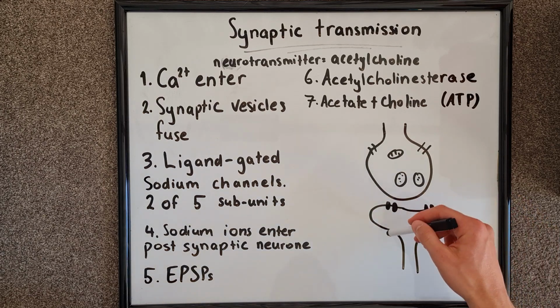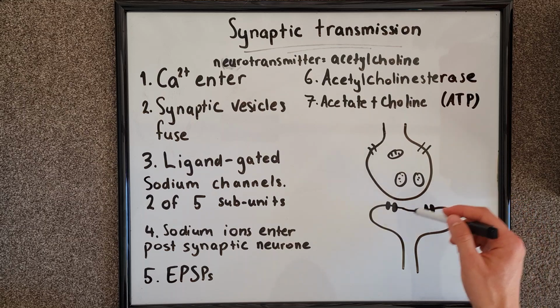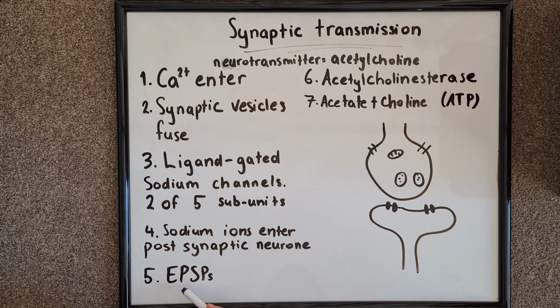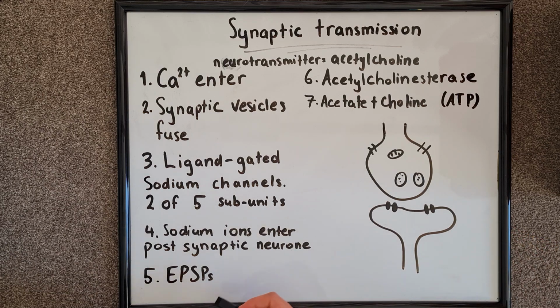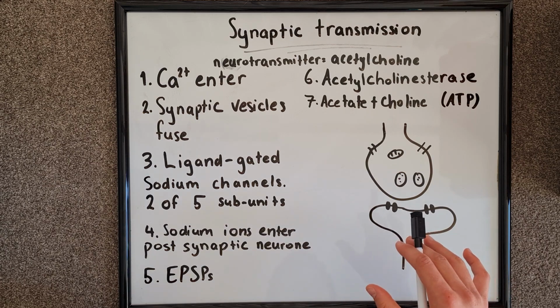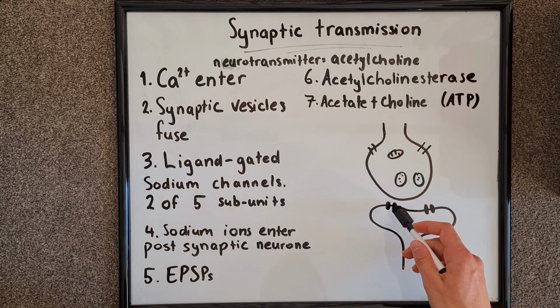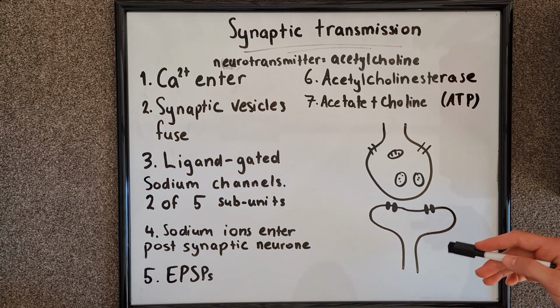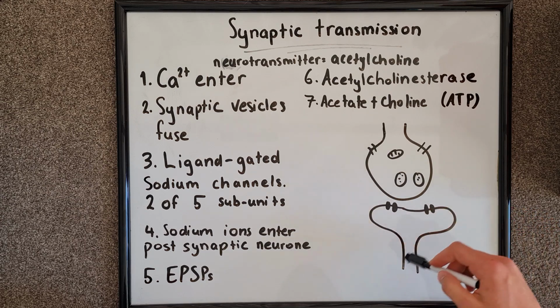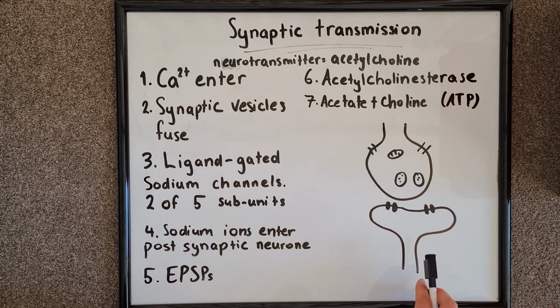So the more sodium ions that enter, the more excitatory postsynaptic potentials will be generated, and if enough are generated in quick succession and the threshold value is reached, an action potential will be stimulated in the postsynaptic membrane, and that impulse will carry along in the neuron.